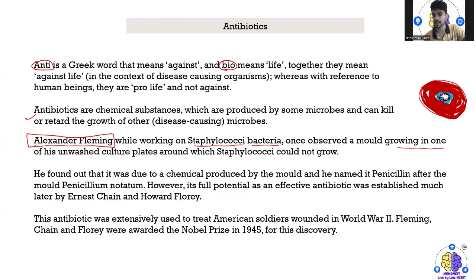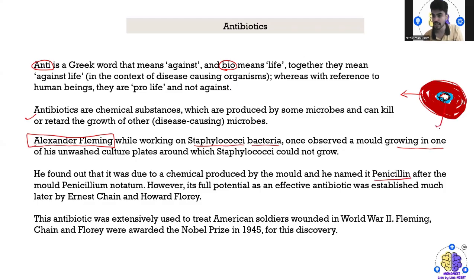If this brown color is the staphylococci bacteria, then around the mold he could observe that there is no growth of the staphylococci. He found out that it was due to a chemical produced by the mold, and he named that chemical penicillin.